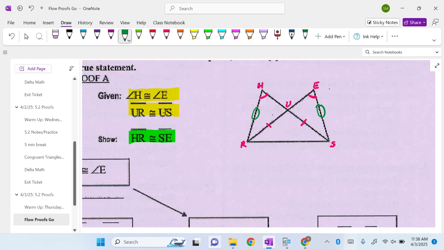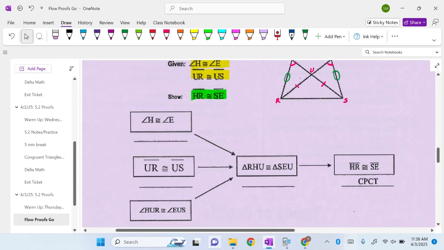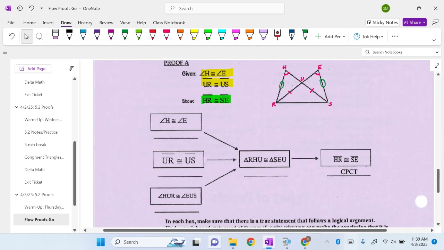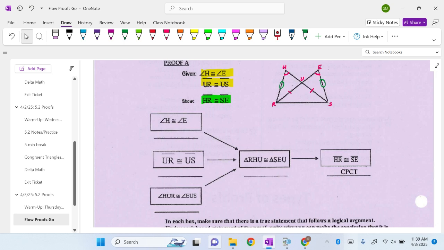Now, like I said, they already gave us the statements. So what they're saying is that if angle H is congruent to angle E, and side UR is congruent to side US, and angle HUR is congruent to angle EUS, then triangle RHU is congruent to triangle SEU.